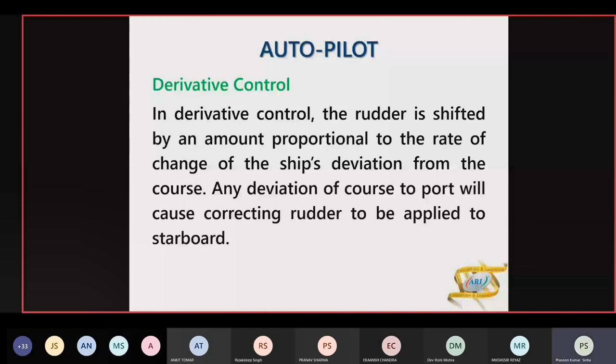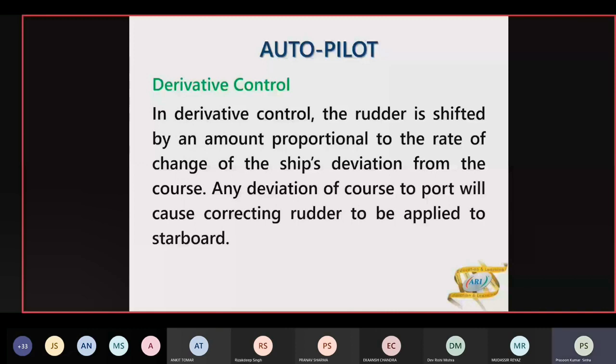If the rate of swing is more, then the rudder applied is less. If the rate of swing is less, the rudder applied is more. So in the initial part of the action, when the autopilot is engaged, the derivative control will be in action.